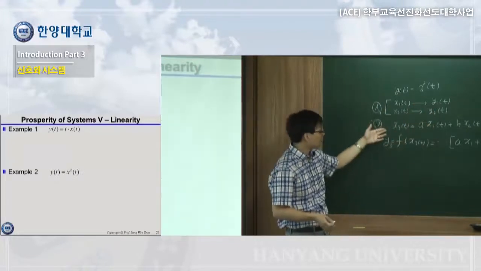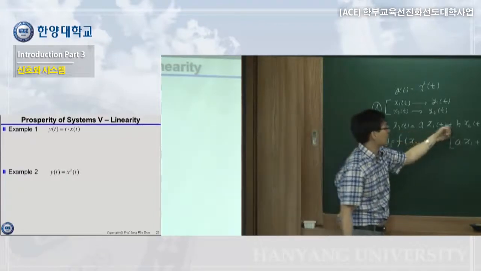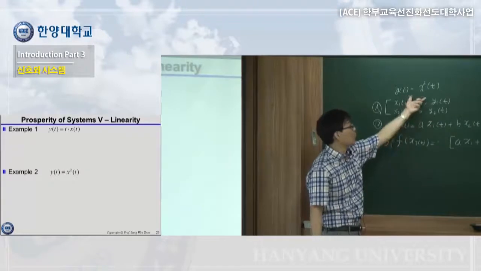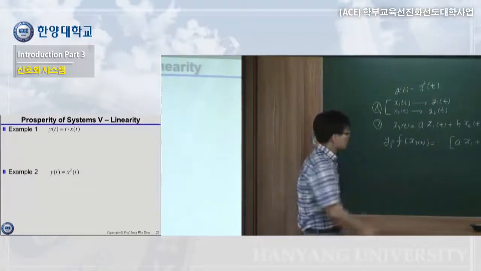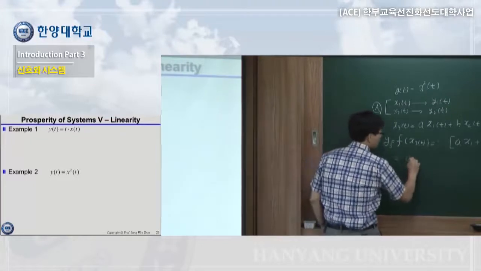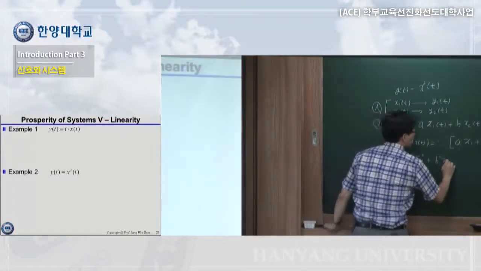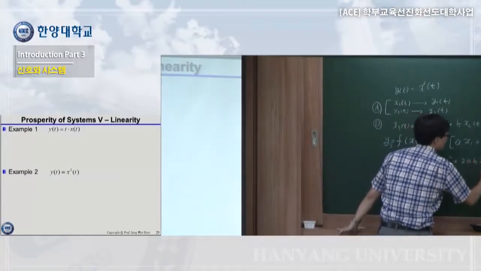Then we define a new variable x3, which is a constant times x1 plus a constant times x2. Apply this to the system, whatever system you have, and then derive. Now what you have is a squared x1 squared, plus b squared x2 squared, plus 2ab x1 x2.